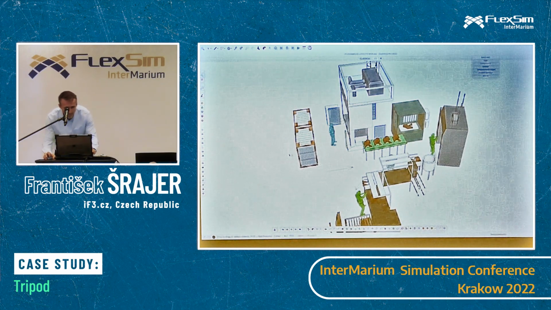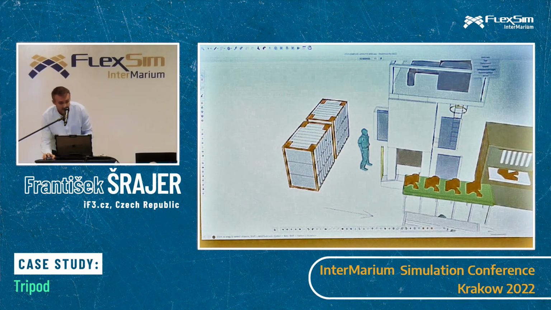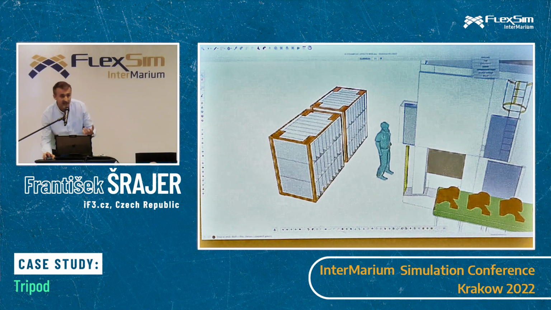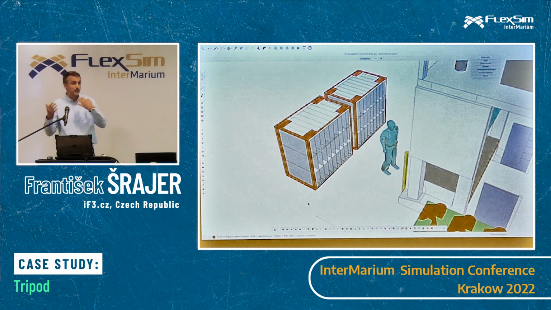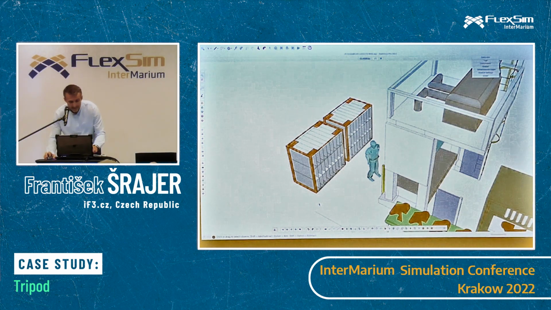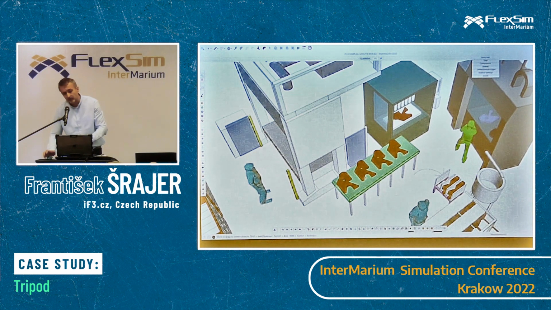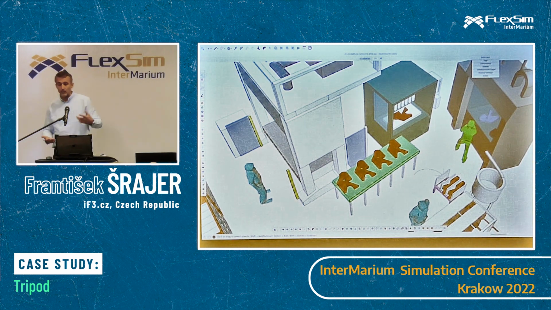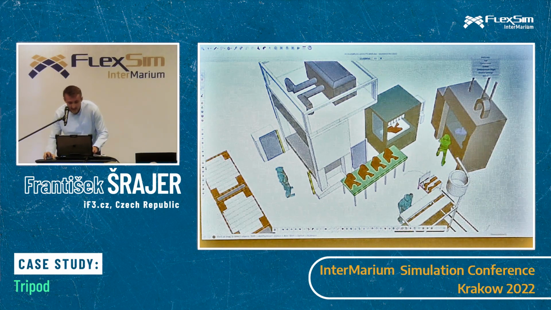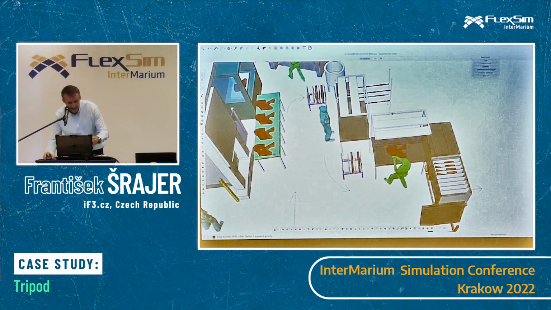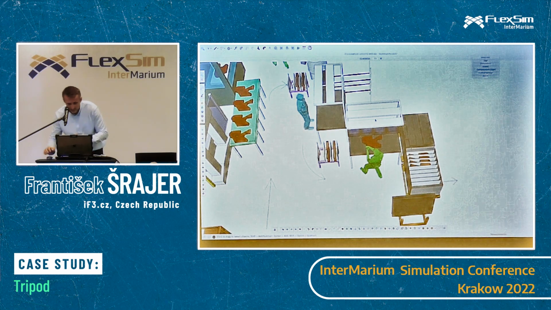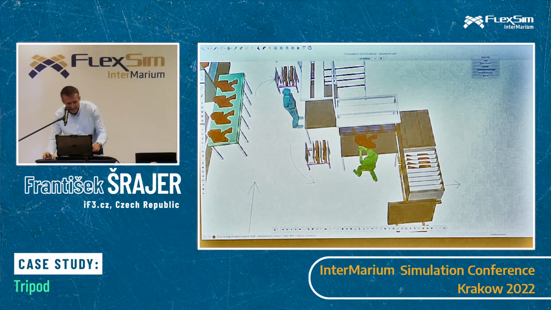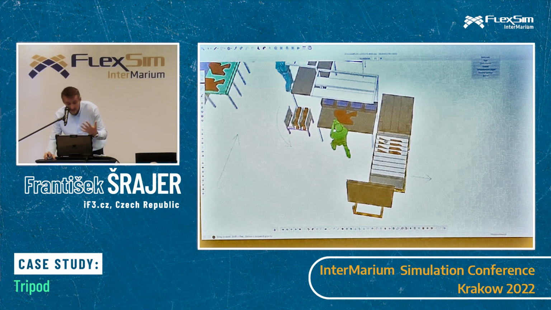For example, that there are some containers on wheels, that they have a pocket system inside, some density, that you have a belt conveyor to transfer components from one machine to another technology. You can see it in detail if you want, depending on the level of detail you are creating these layouts.